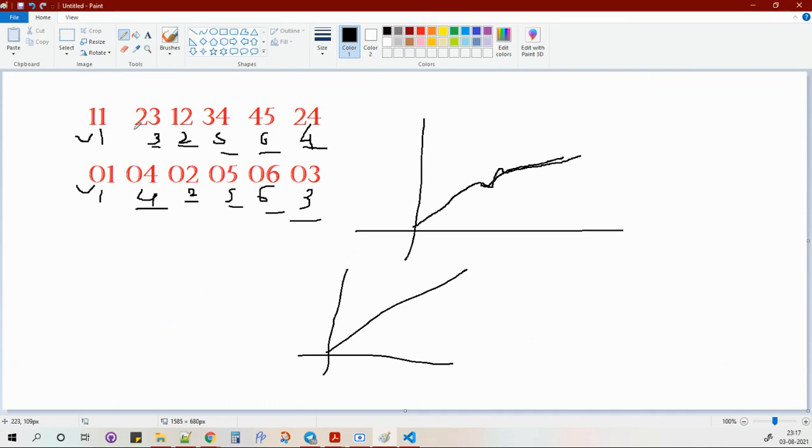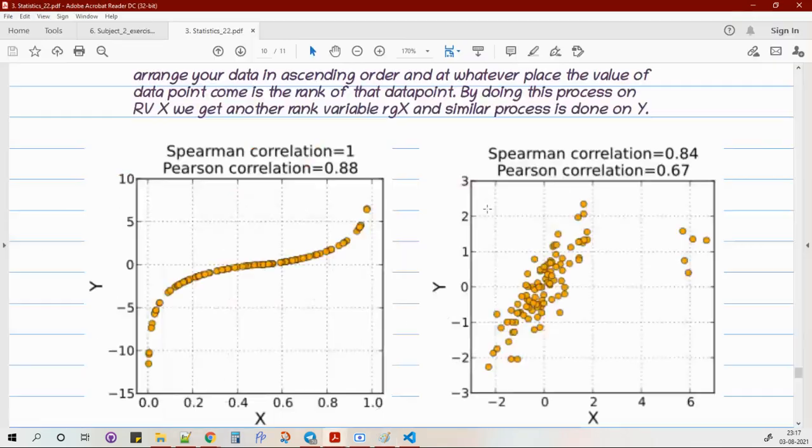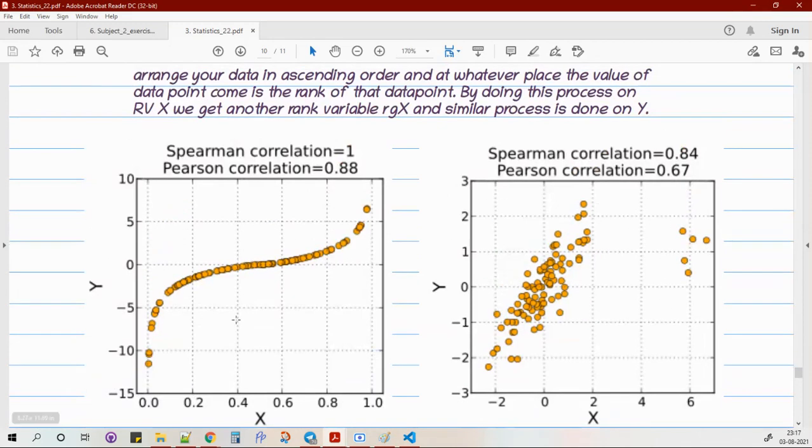But if I take the data, even for this example, and draw the graph, it would be something like this: 11, 12, then 23, then 34, 45, right? So the data looks like some non-linear relationship. But if I apply the rank and take the graph between the ranks, it is linear, right?